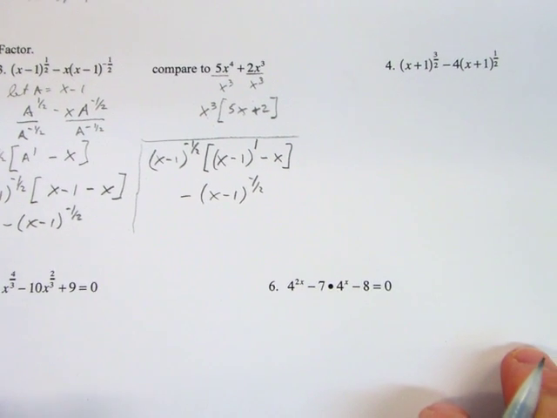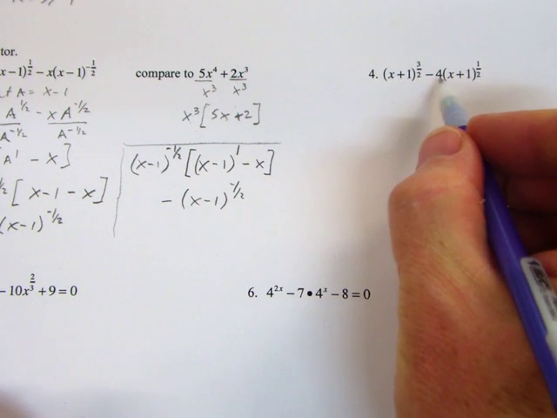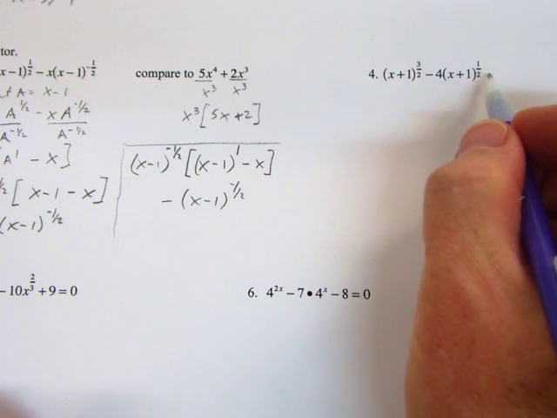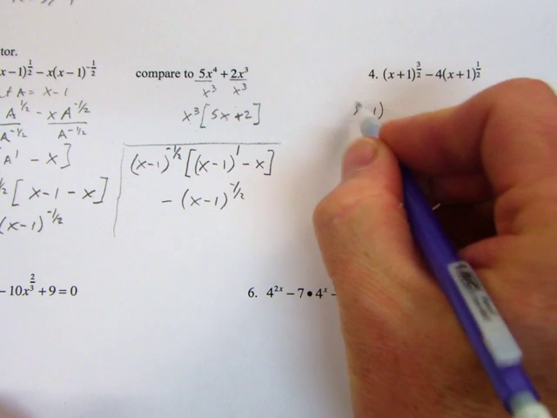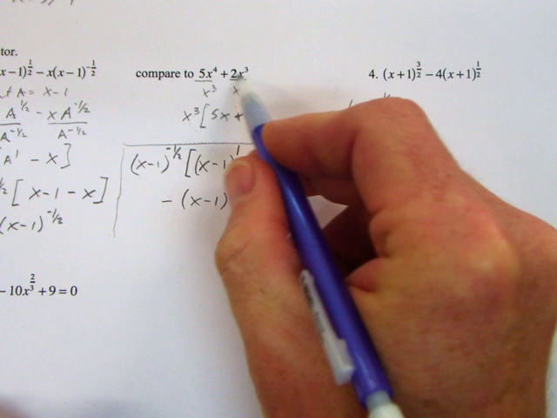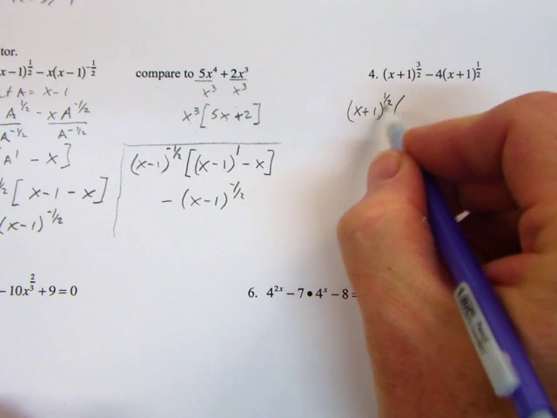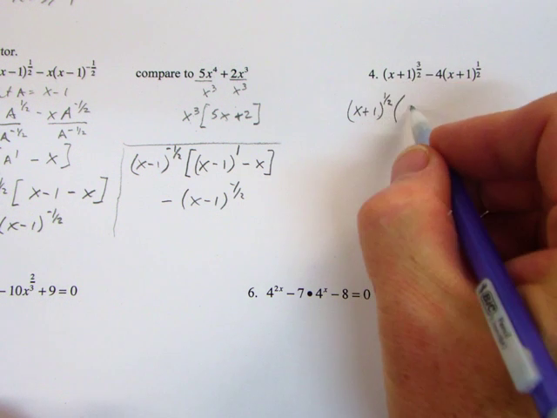Let's take a look at the next one. Next one's probably a little bit easier. We have x plus 1 to the 3/2 minus 4 times x plus 1 to the 1/2. What are we going to pull out? Well, we see that we have an x plus 1, and the smaller of our exponents would be 1/2, just like we took the smaller of our exponents in this example. And x plus 1 to the 1/2 times what will give us x plus 1 to the 3/2?